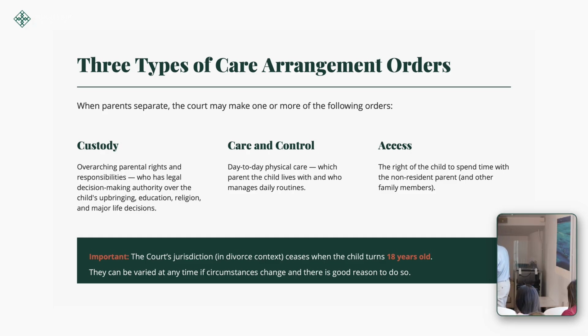Another thing to keep in mind is that these orders can always be varied until the child turns 18. This is one of the reasons why the family courts are so busy, because a case can potentially never end until the child becomes an adult.